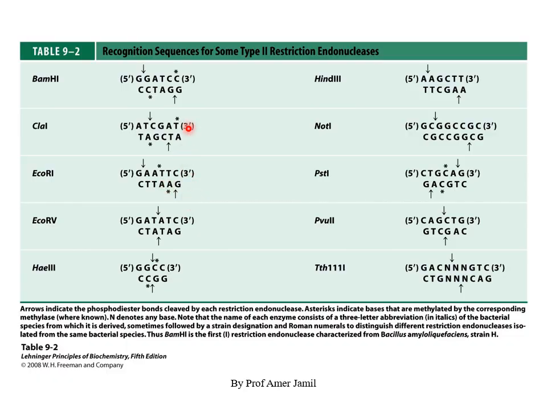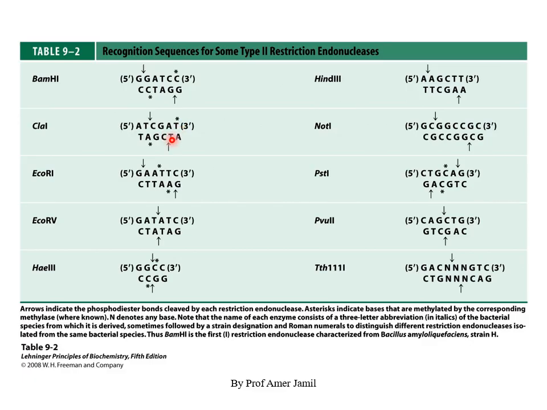But here this asterisk means this place is methylated, with a CH3 group added at this place in the host bacterium from where these enzymes are isolated, meaning from where these enzymes occur naturally. Why is this site methylated in the bacterial cell?